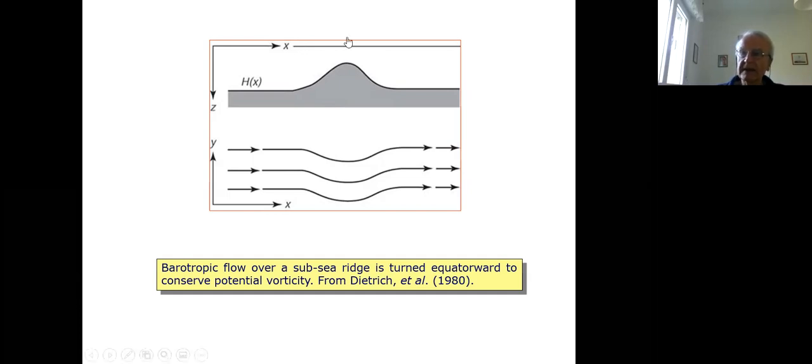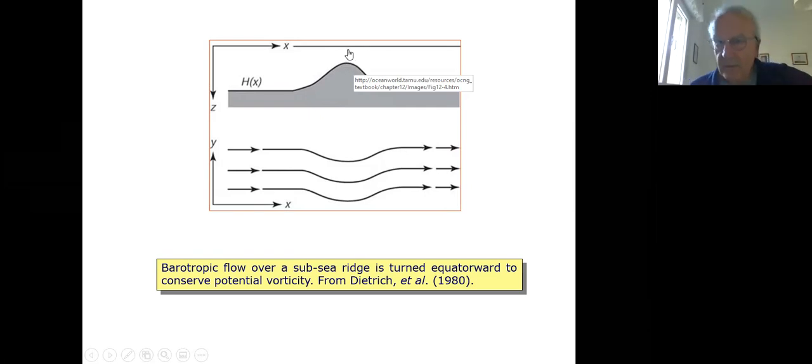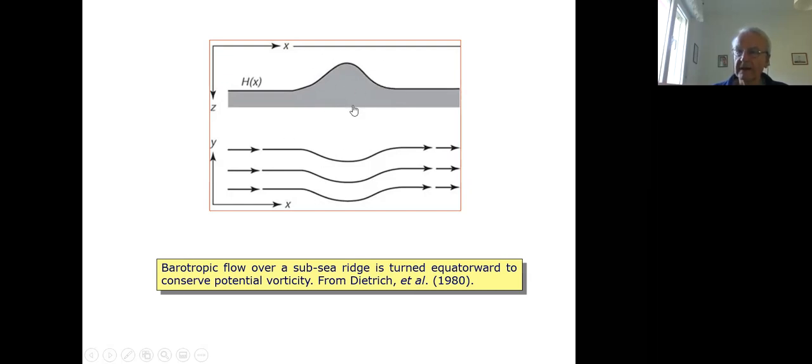Because here, in this part, f over h is to be constant. H is smaller, and therefore f has to be smaller in the case of the flow over the ridge. Therefore, in order to keep the f over h constant, the particle will go around this ridge, leaving toward the equatorward.